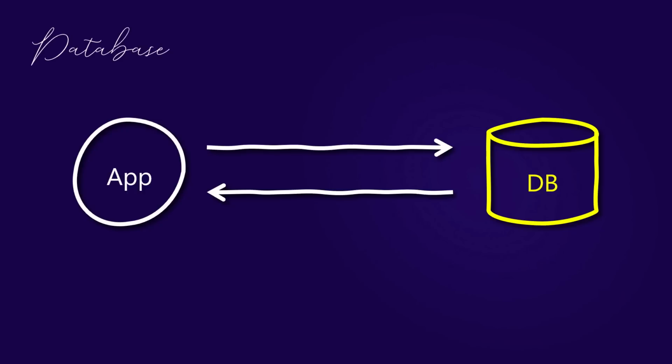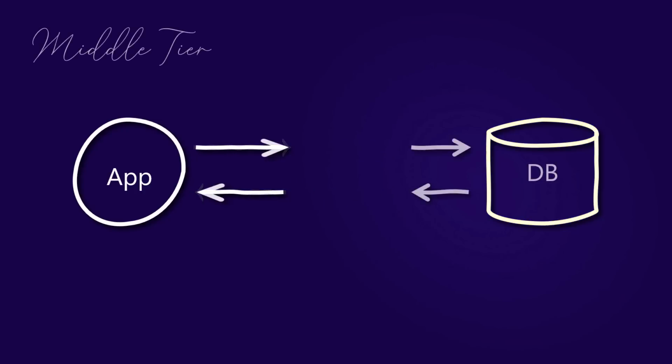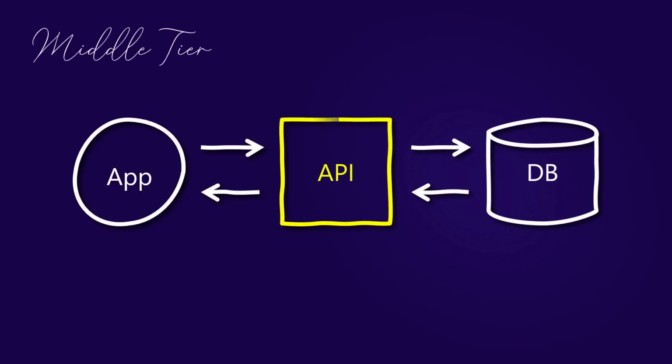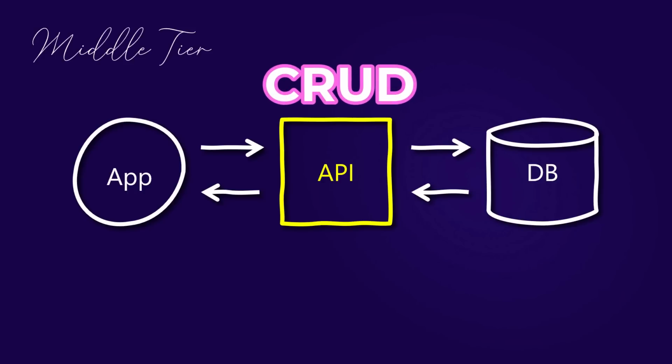And then we start thinking, business rules, business logic, or perhaps we have other reasons as well, corporate policy or something along those lines that say, no, don't talk to the database directly. Instead, introduce that middle tier of a data API. A data API is a little bit different than a web API. They both are web APIs, but a data API typically is CRUD operations, CRUD, that's create, read, update, and delete.